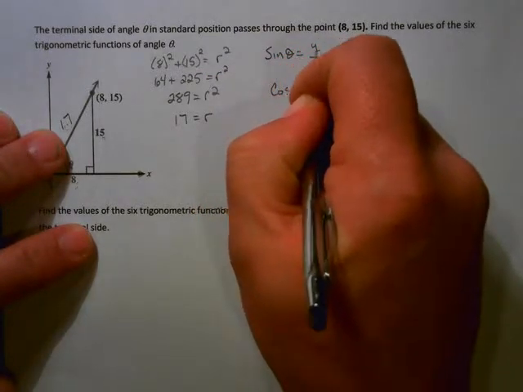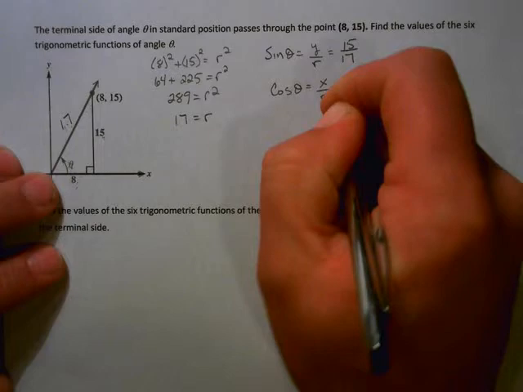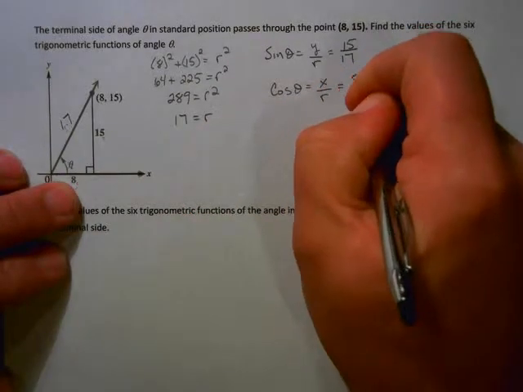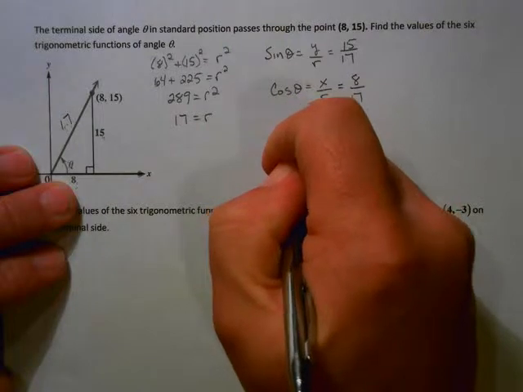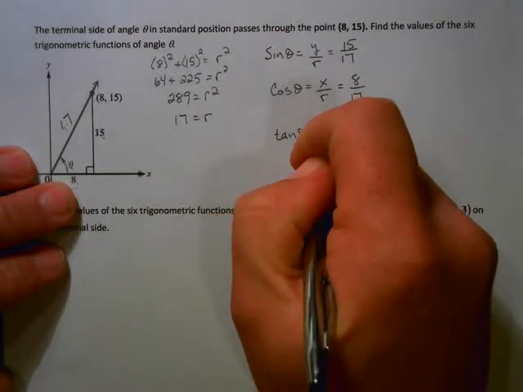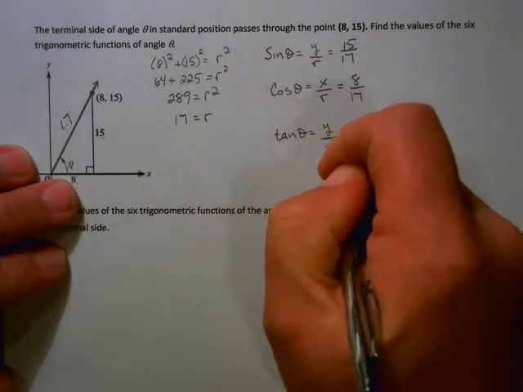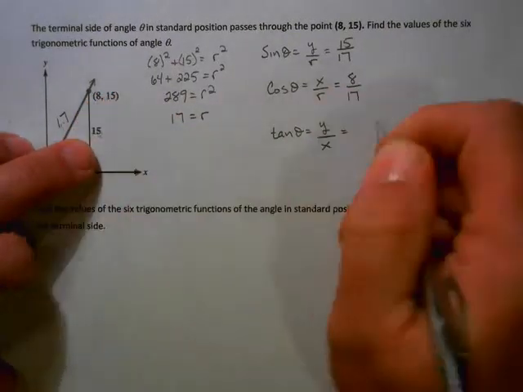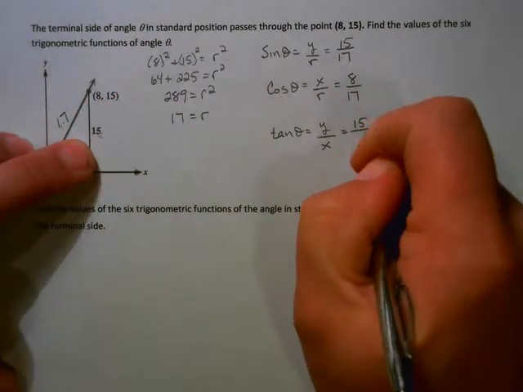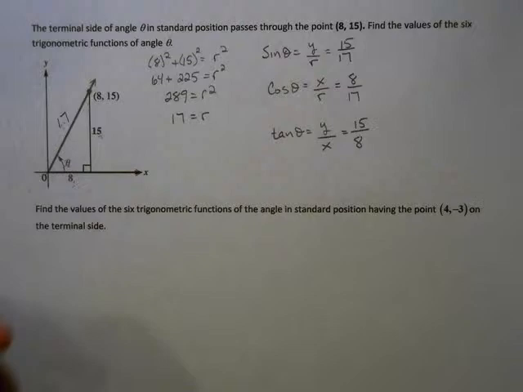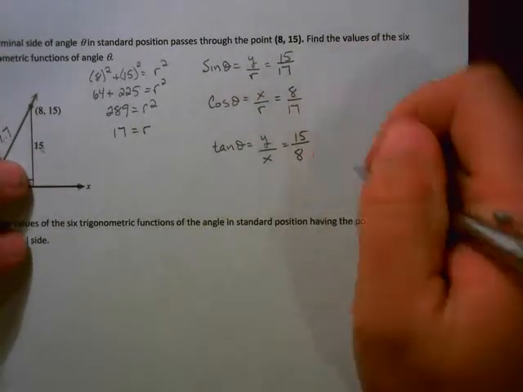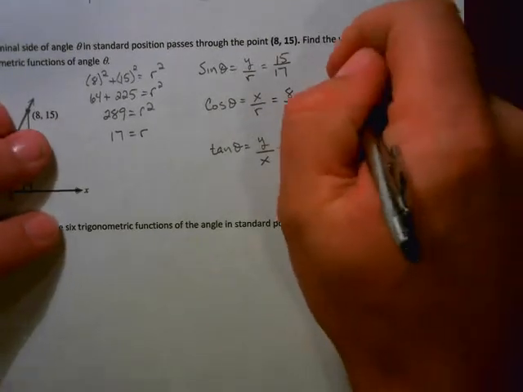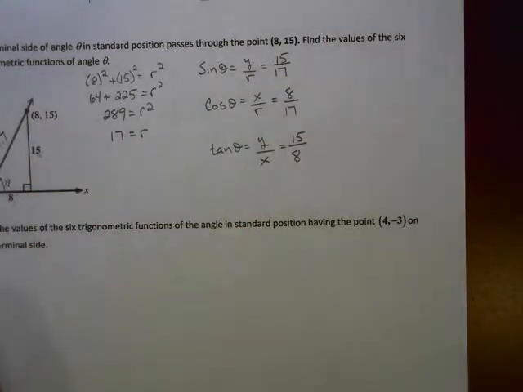Cosine theta is going to be x over r. So it's going to be 8 over 17. And tangent theta is going to be y over x. So it's going to be 15 over 8. And once you have those three, the other three are really just the reciprocals of that. But you have to know which go with which trig function.